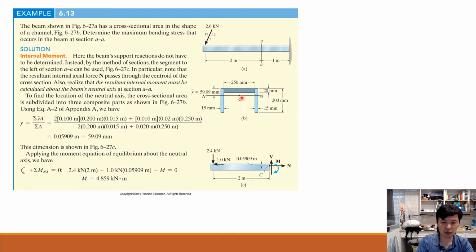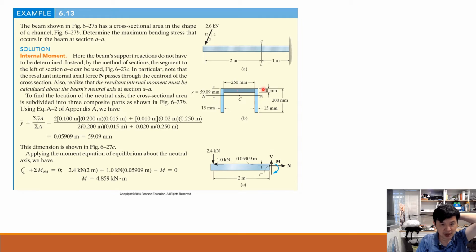This C point, we don't know where it is. So we just take one surface or one location as our temporary origin. For this case, we probably start from the top surface. That would be far easier.